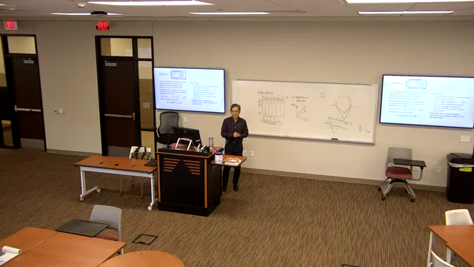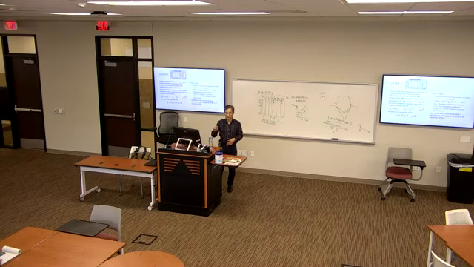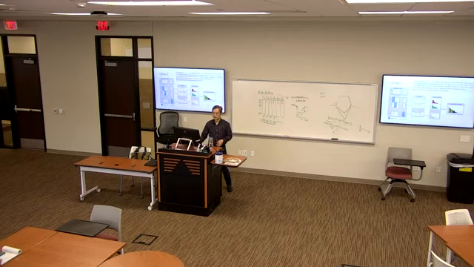So GENIE3 uses this framework. It starts by looking at this expression matrix, and then starts to build a prediction model for each gene. So what they do is they have this expression matrix, then look at the first gene, color-coded as this light blue.